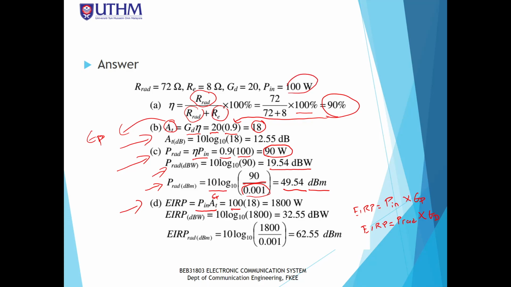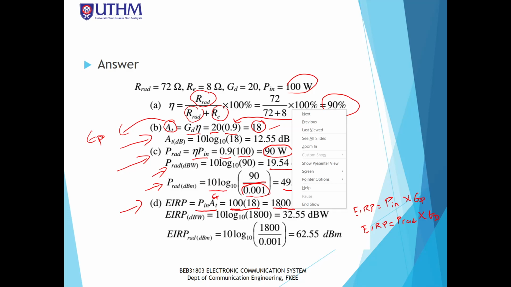Previously, in the second question, we already found the GP equal to 18. So 100 multiplied with 18, we get 1,800 watt of EIRP.